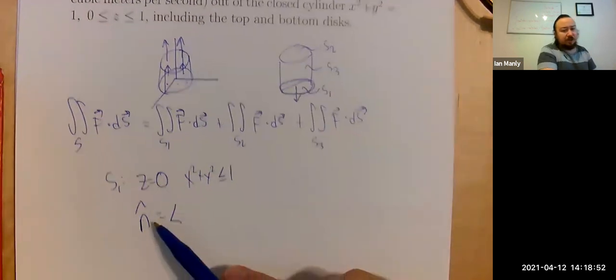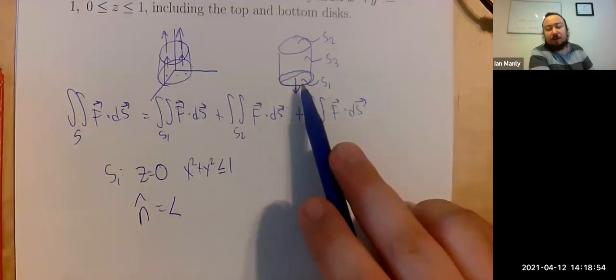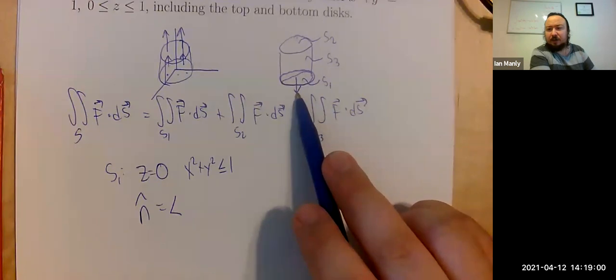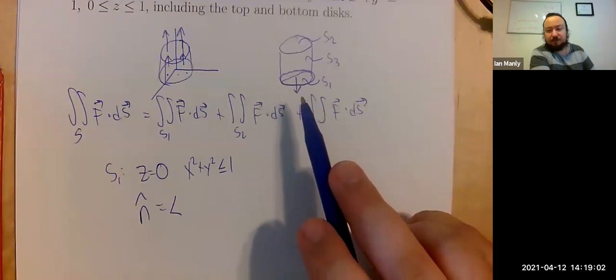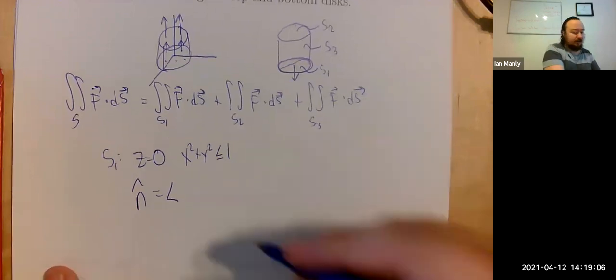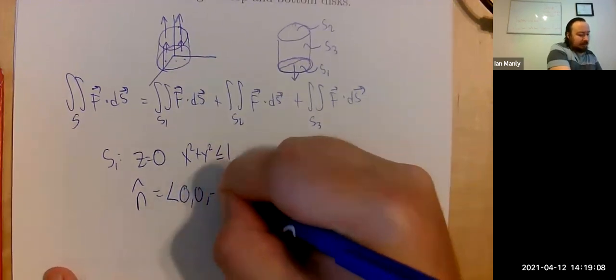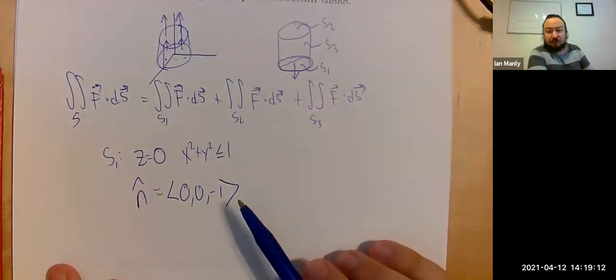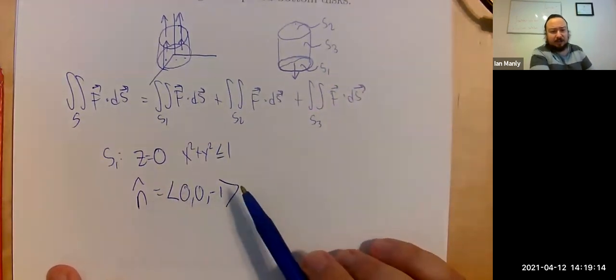If we want this to be a unit vector, we want this to be n hat. What is this normal vector going to be? It's pointing directly down, and it needs to be a unit vector. 0, 0, negative 1. Absolutely right. Bingo. We got 0, 0, negative 1 here. That's going to be our normal vector.